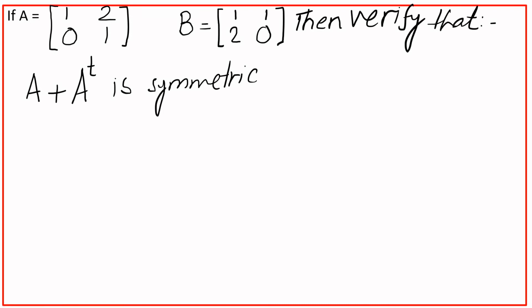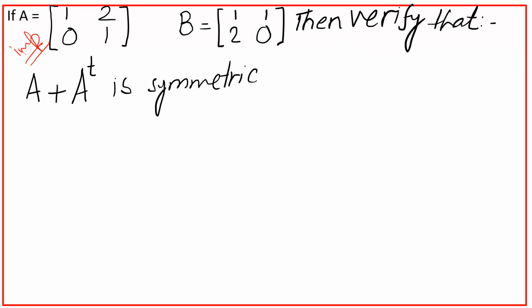Now this is important, and if I am writing here important, it means you have to practice this 4 or 5 times. Very important question. It may come in your exam. Symmetric. If A is equal to this matrix, B is equal to this, then you have to verify A plus A transpose is symmetric. See, so far we were using letter A for a matrix, letter B, letter C, right?